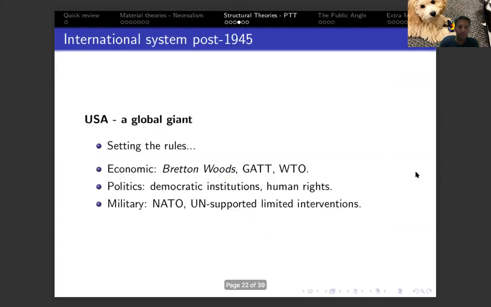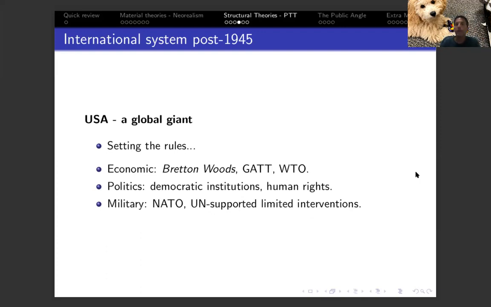Those included economic rules and norms. For example, the Bretton Woods Agreement was a currency regime led by the United States. The Bretton Woods Agreement made the US dollar the main currency standard that other countries are valued against, which essentially made the US dollar the most powerful currency in the global exchange and world markets, and placed the US at the center of the global economy.